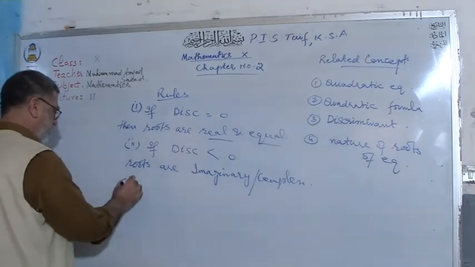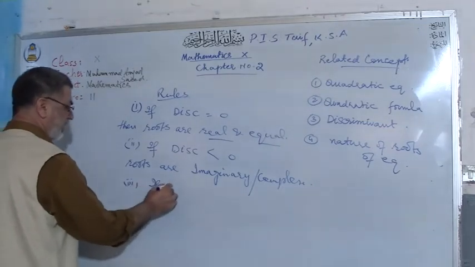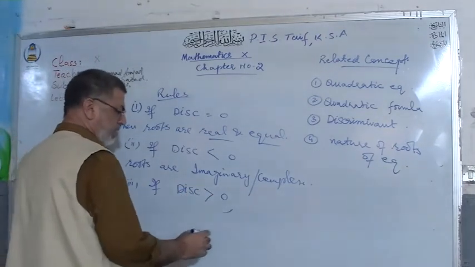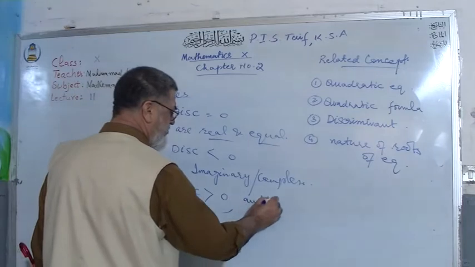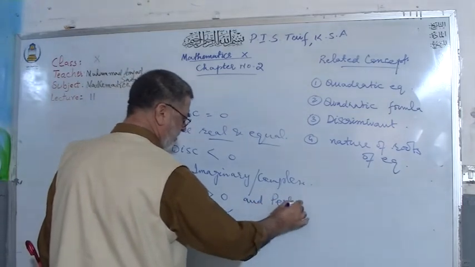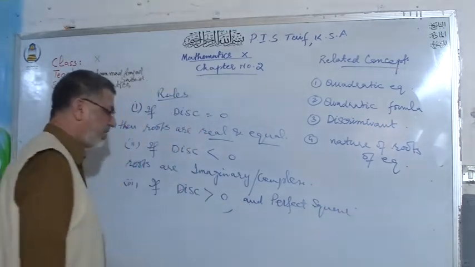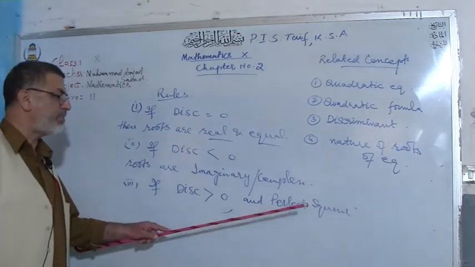Number 3, if disc is greater than 0 and perfect square. Greater than 0 along with this property, it must be perfect square.